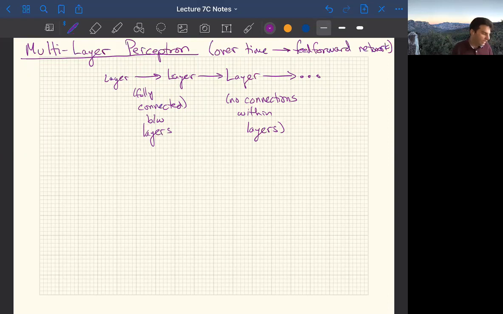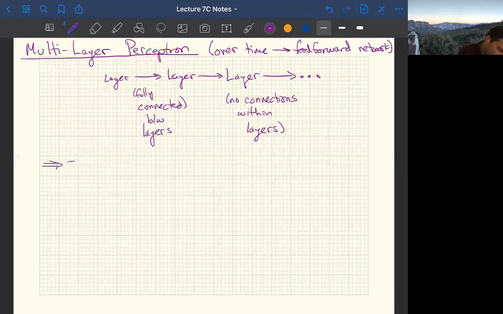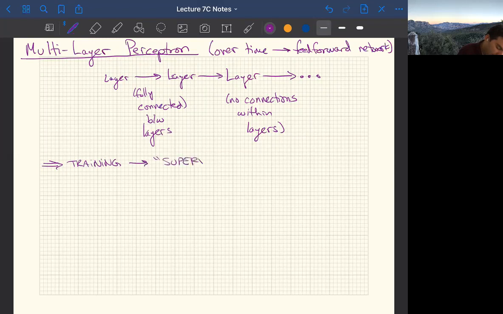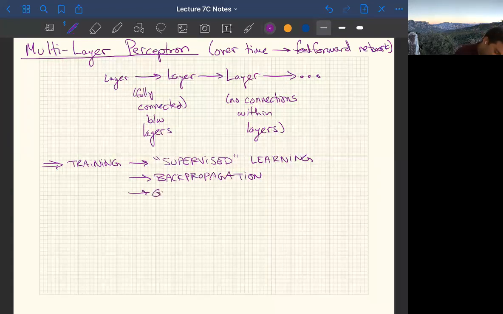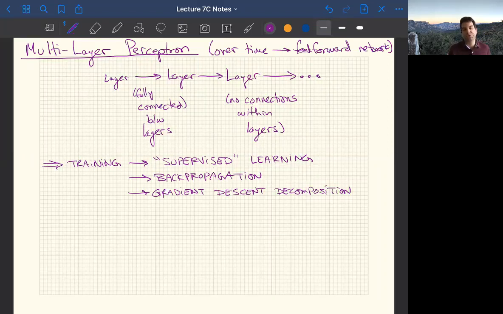We were talking last time about a method of training, in this case supervised learning, that we use called backpropagation, which is just a clever realization that you can decompose gradient descent to make it much easier to train each layer independently, starting with the farthest back layer.